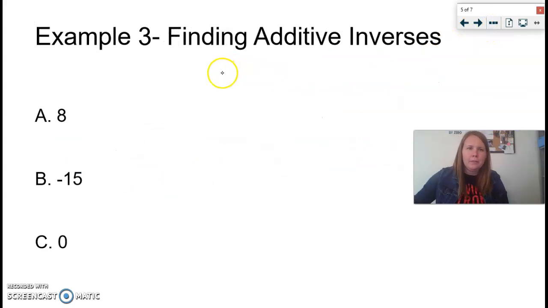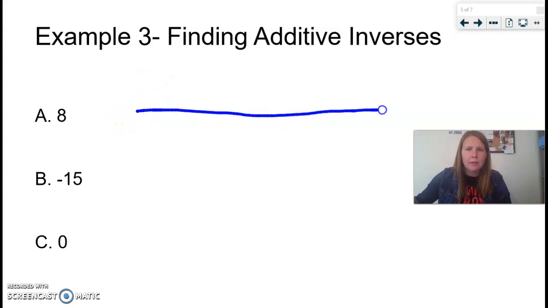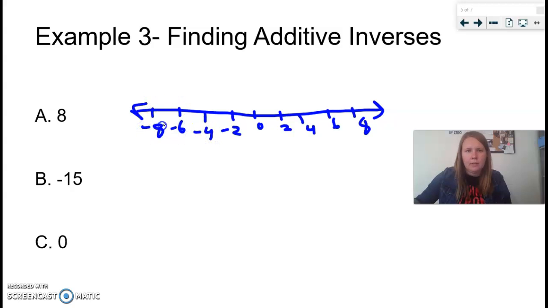So they are considered opposites or additive inverses. And so if I wanted to find the same here, let's think about 8. We'll do this one on a number line. I'm going to go up by 2s just to make it easier. 2, 4, 6, 8, -2, -4, -6, -8.